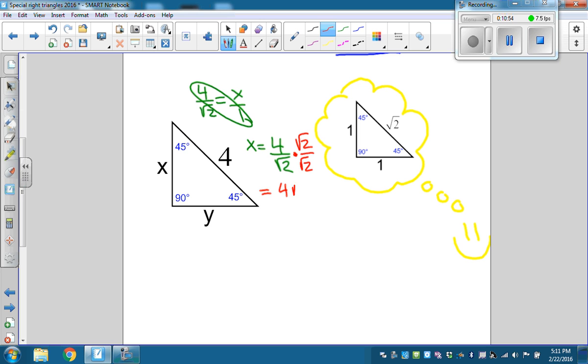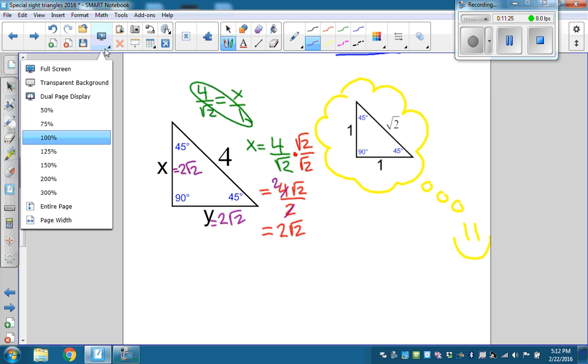Might be a little rusty, but we'll just keep practicing it. And when you finish rationalizing it, 4 divided by 2 is 2. So your final answer is 2 square roots of 2, because this 2 goes into there 2 times. And x and y are equal because this is an isosceles triangle, because the base angles are equal.